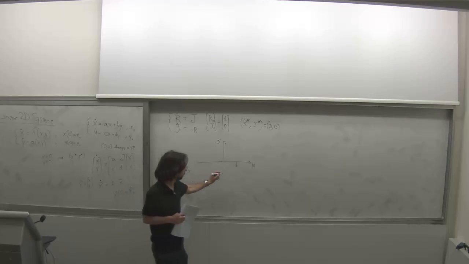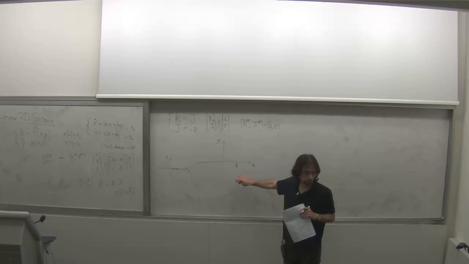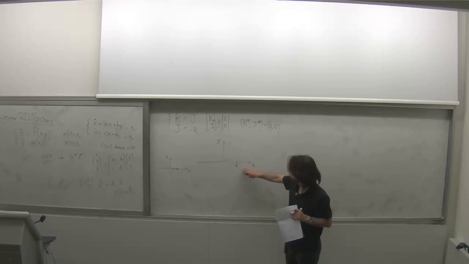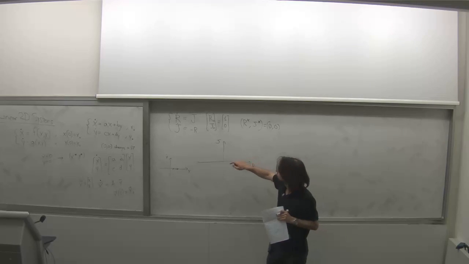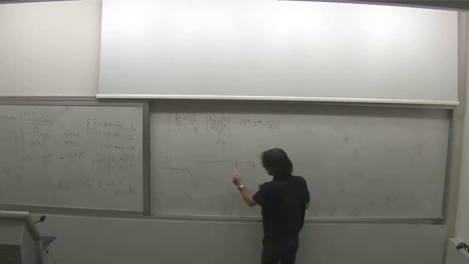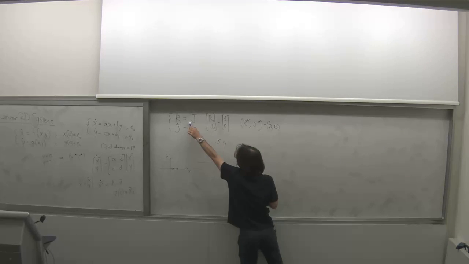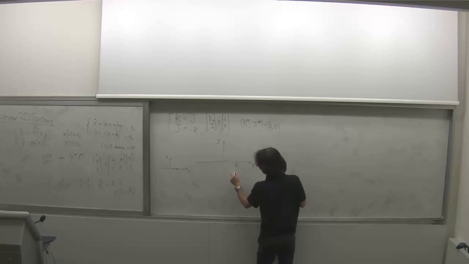Then I can pick a coordinate around here. So r is positive and j is negative. So if r is positive, j dot is negative. This is a component. And for a negative j, r dot is also negative.